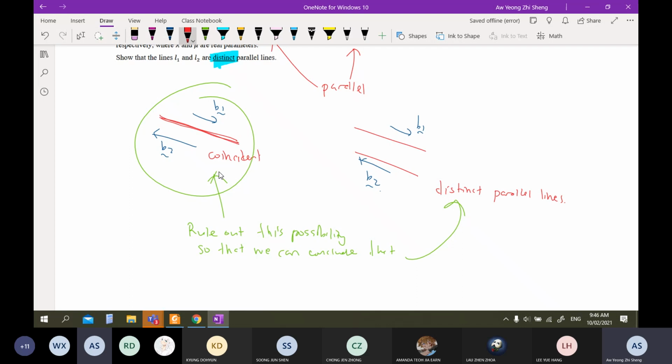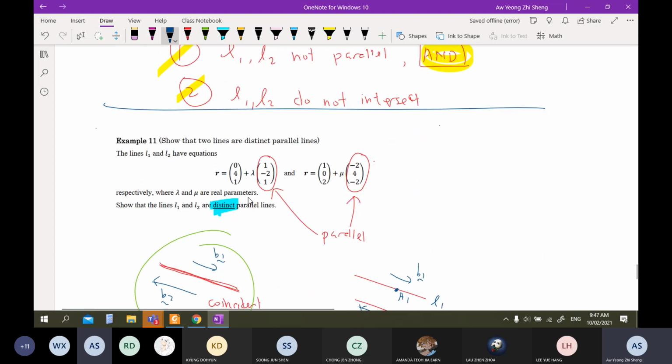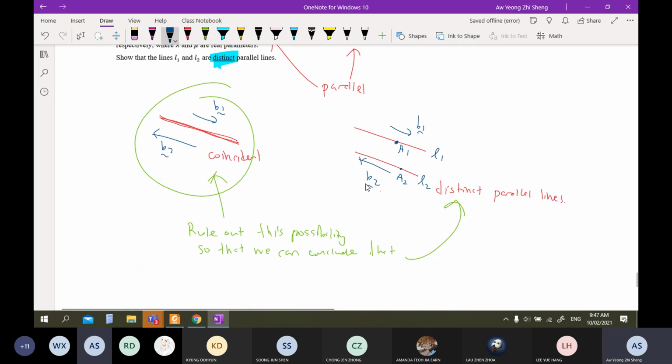If they are distinct parallel lines, there will be a fixed point, let's call it point A1, on the line L1, and a fixed point A2 on the line L2. There will be a fixed point that you can read from the vector equation. This will be the point A1, this will be the point A2.